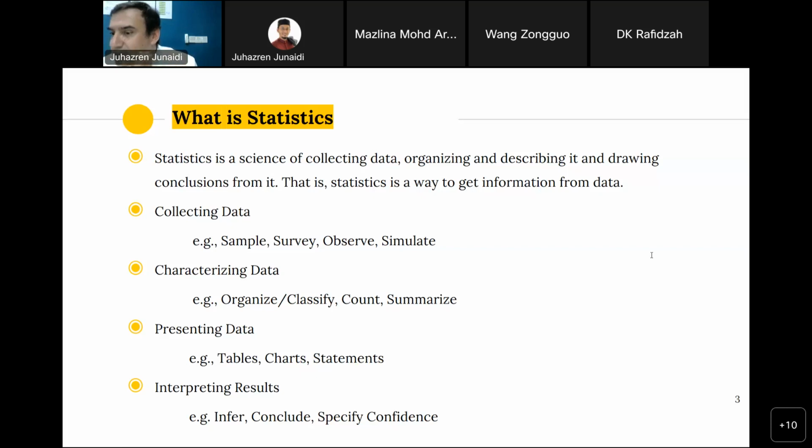Yes, ratio, interval, that's correct, nominal, and ordinal. We have the answer. Thank you, Sarah and Ömer. We have 4 types of data: ratio, interval, nominal, ordinal.